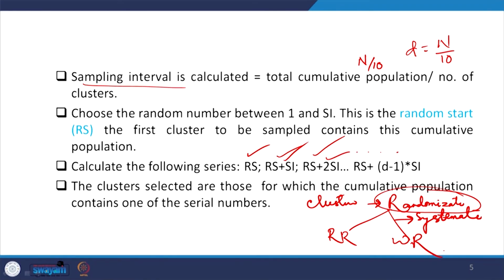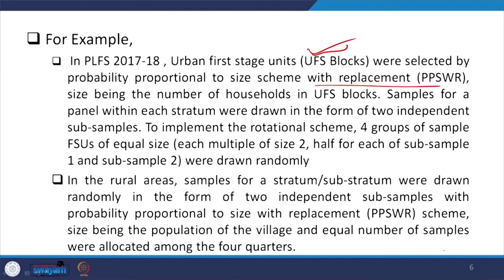In the with replacement case, your n remains the same. Suppose the number of clusters is 10 and the number of clusters you are supposed to select is 10. Now, suppose one cluster is selected, how many are left? Only 9, so 10 minus 1 is left. But if you are following a with replacement technique, your 10 is still left.